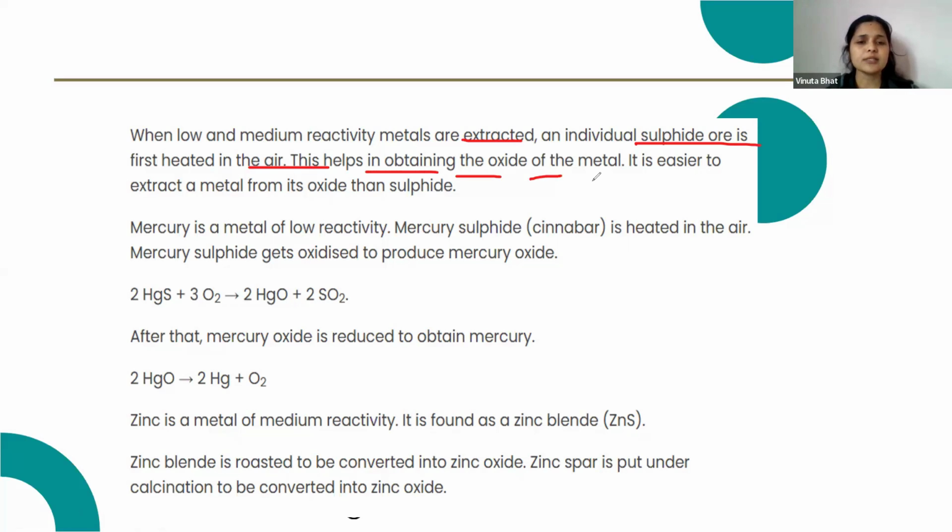Then mercury is a metal with low reactivity. Mercury sulfide, when heated in air, forms mercury oxide and sulfur dioxide. After that, the mercury oxide is heated to obtain mercury and oxygen.